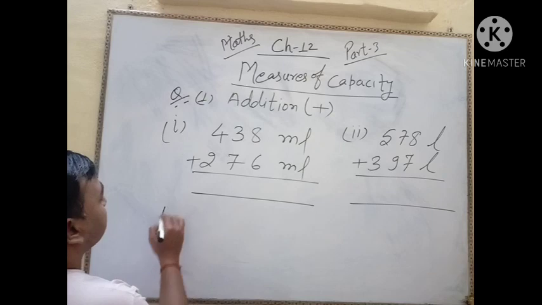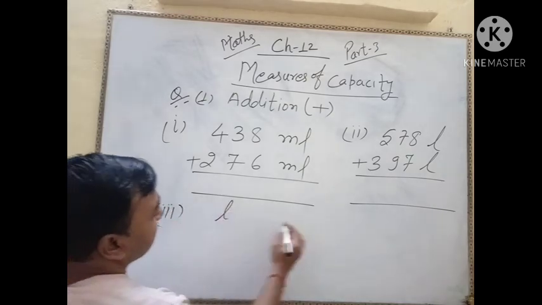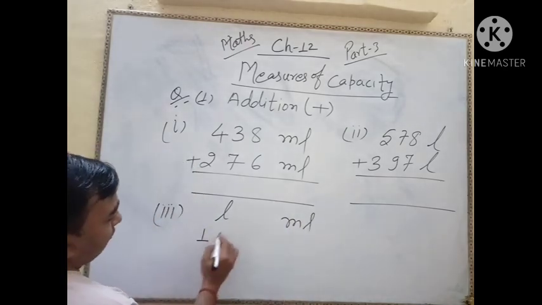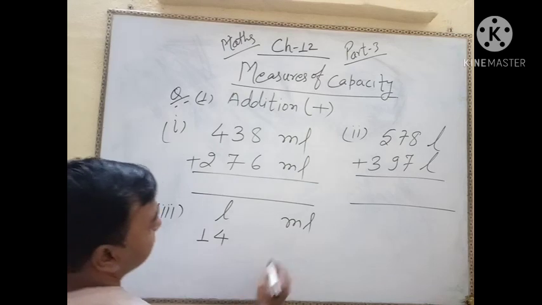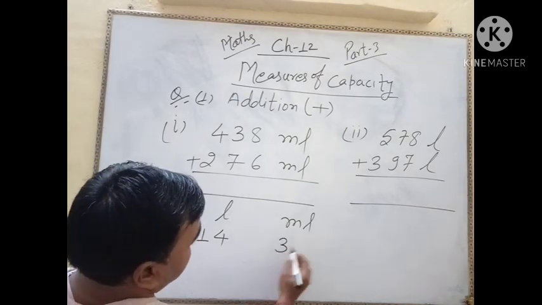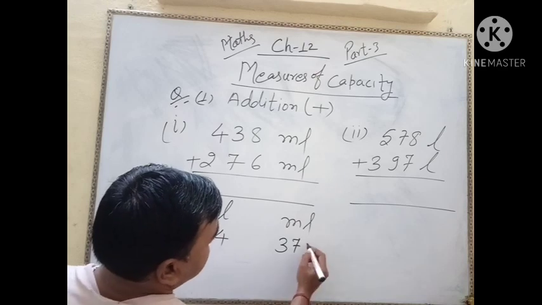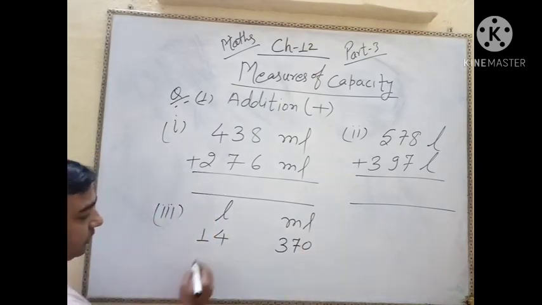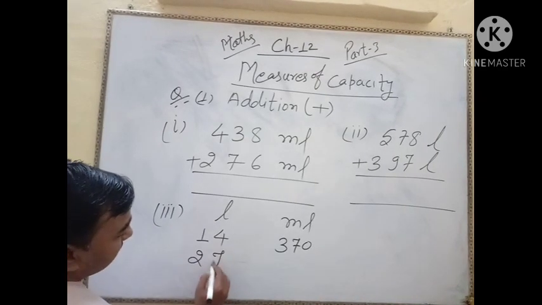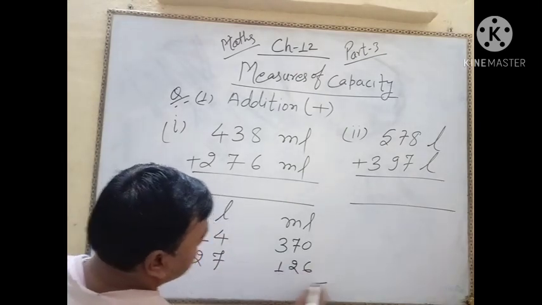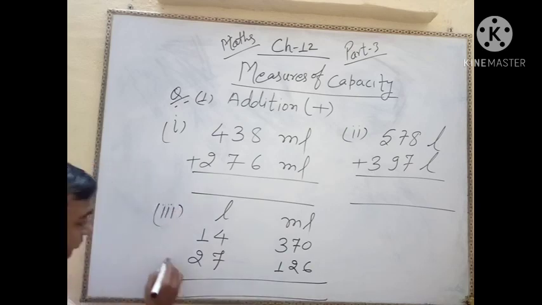Okay, question number 3. In this question, liter and milliliter. 14 liter 370 milliliter and 27 liter 126 milliliter.